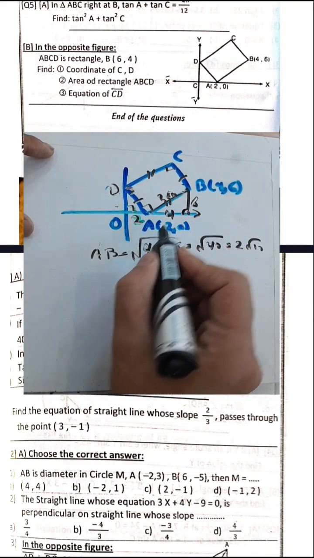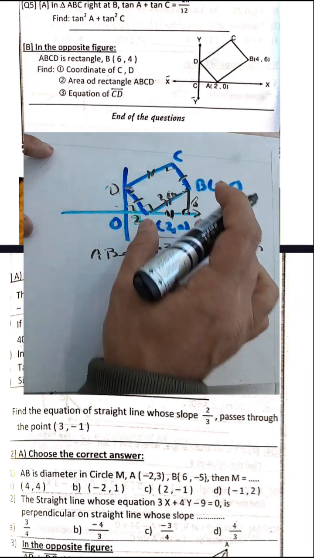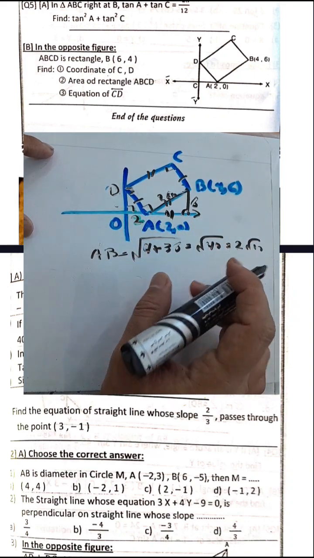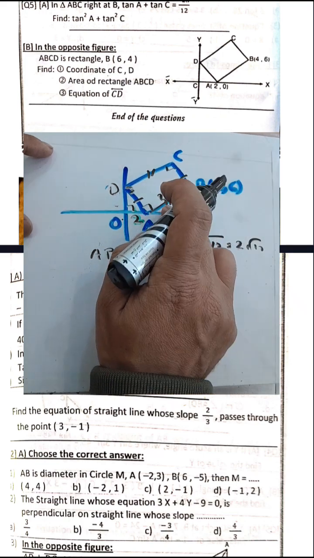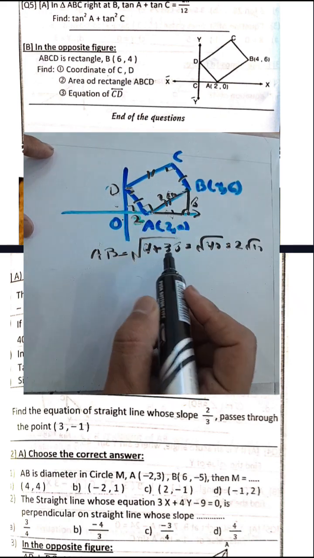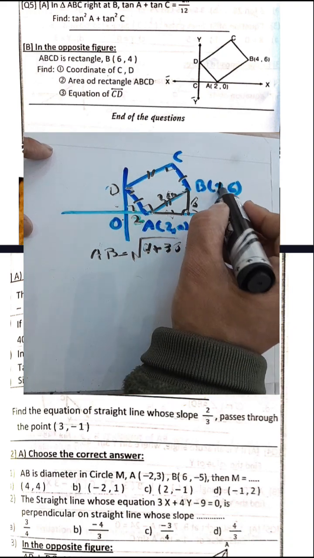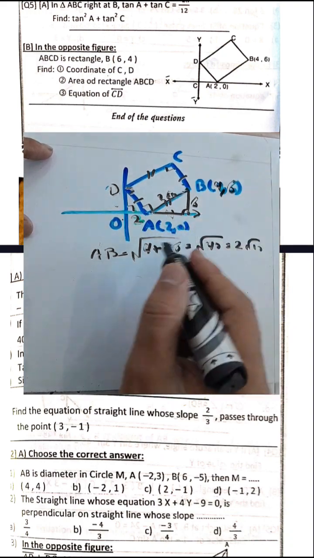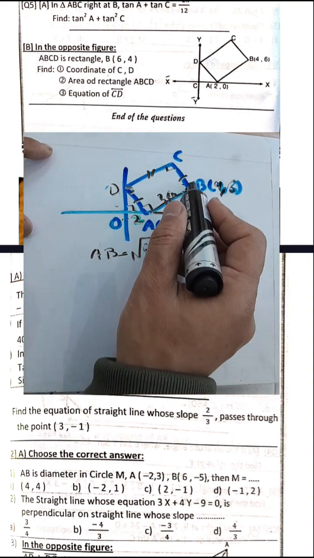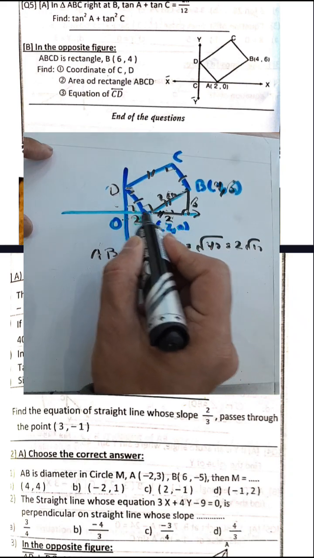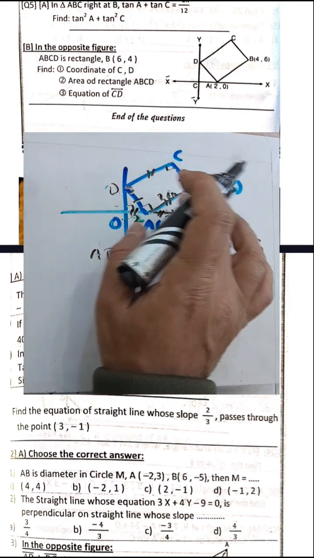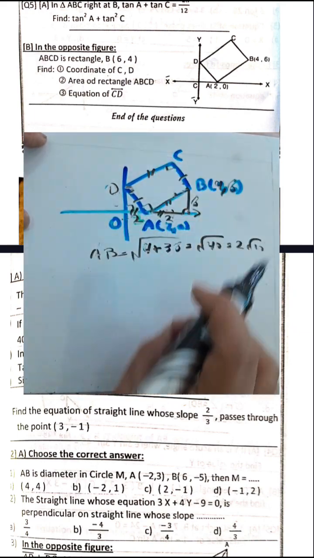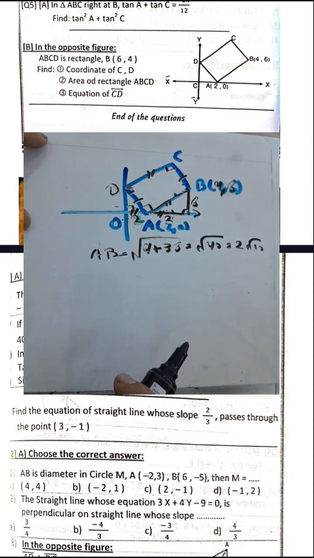This side length is 4, because this side length from O to this point 4 and 6, it will be 2. 2 plus 2 equals 4, and up 6. Then it will be 2 equal for this part, 2 here and here 6.